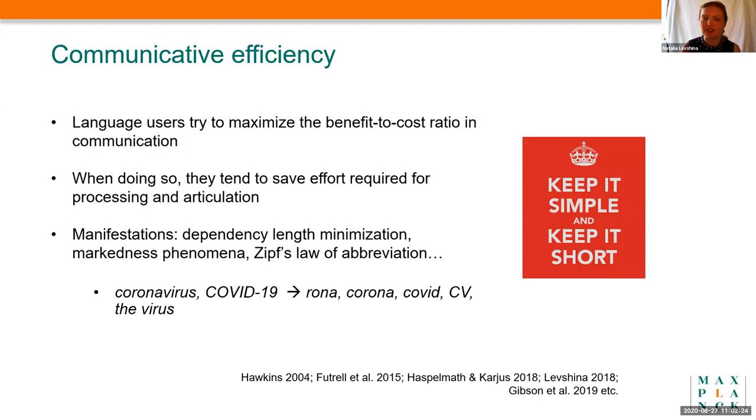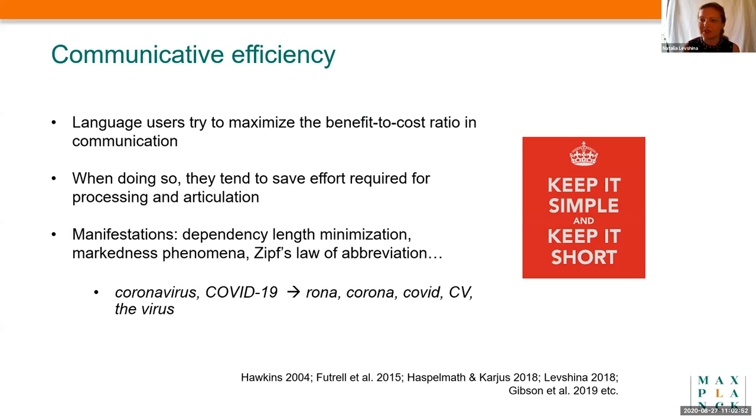So communicative efficiency is actually a very well known and old idea, but it is known under different names. Most people would agree, at least in functional linguistics, that language users try to maximize the benefit to cost ratio in communication. And when doing so, they tend to save effort that is required for processing and articulation.